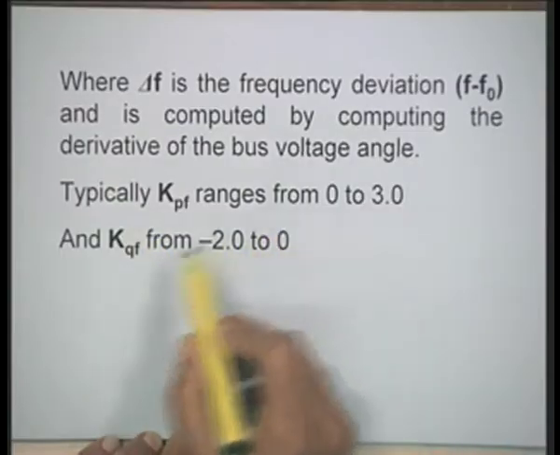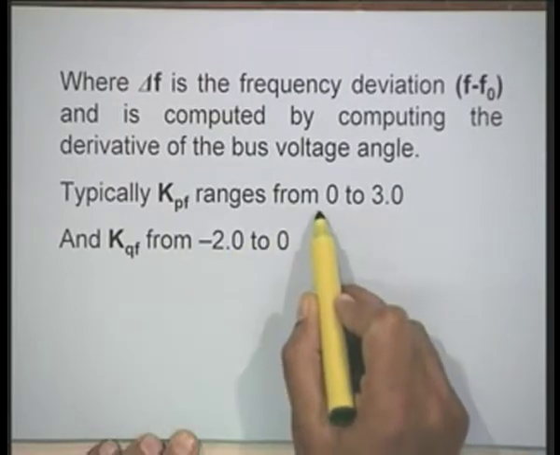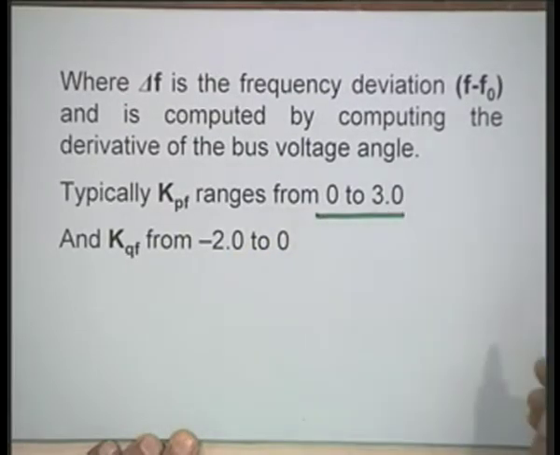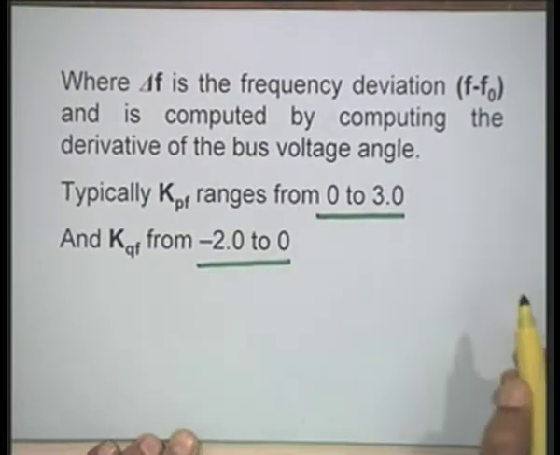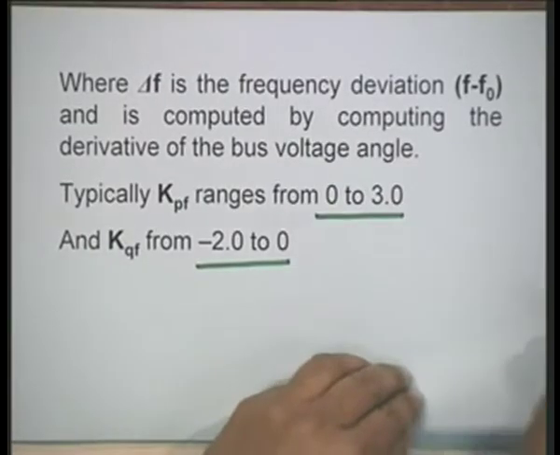The typical values of Kpf are from 0 to 3, and Kqf is in the range of -2 to 0. These are the typical values of these coefficients. This is a wide range, depending upon the type of load.